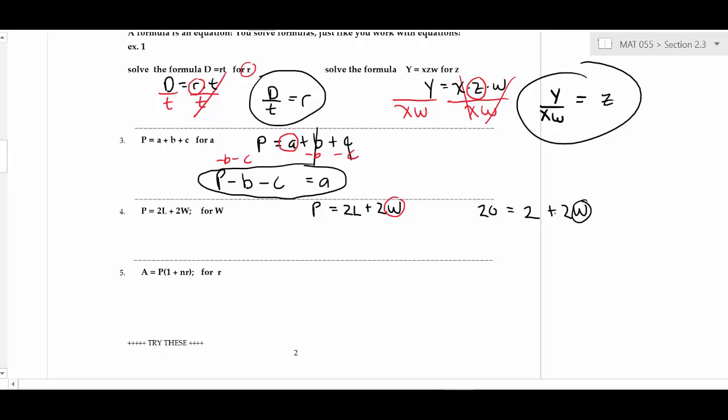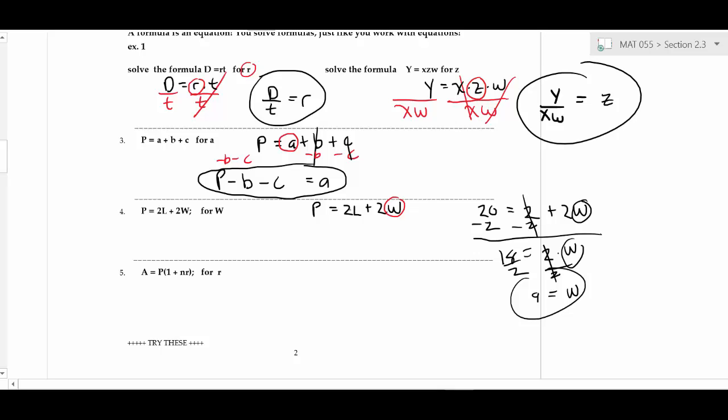You subtract, because it's being added. So you'd subtract 2 from both sides. That would give 18 equals 2W. Okay, how do you get rid of the 2 in front of W? You divide. Okay, the thing is, when you start having more letters, it's still the same thing. When we do this problem, I'm not doing anything different. Okay, the idea is I need to get rid of 2L. And think of 2L as just one big number, because it is one big number.